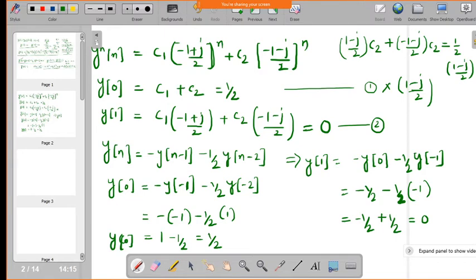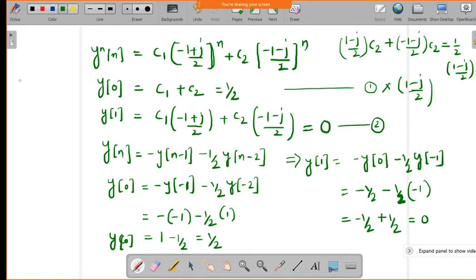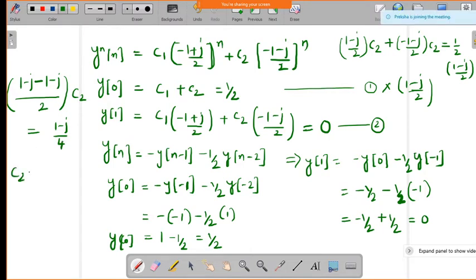So what is the value of C2? C2 times 1 minus j minus 1 minus j divided by 2 is equal to 1 minus j divided by 4. Now find the value of C2. Here minus 1 and plus 1 cancel each other, and you get minus 2j by 2, so the 2s cancel and you get minus j.